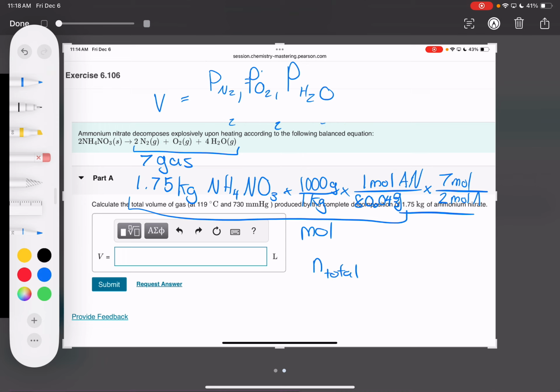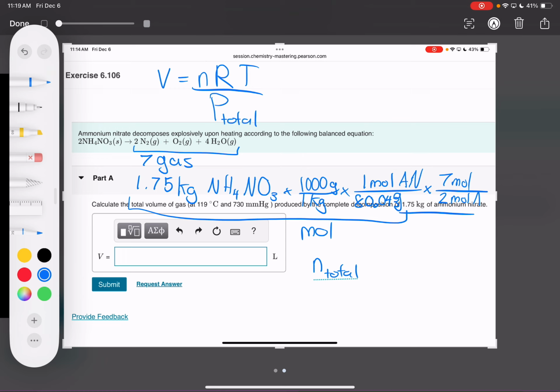So the point I want to get across is that to find P total, you need, I guess we're solving for V. So I'm going to write it like that: V equals nRT over P. So I can do this with P total and N total, or I could do it for each individual gas. They give me the P total though, so that's going to be the most useful.